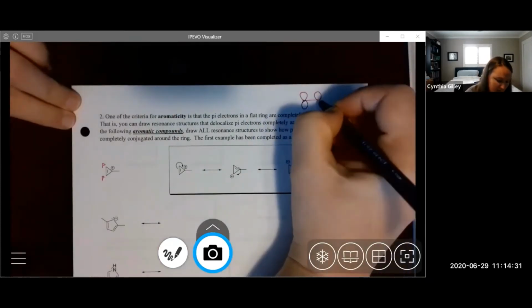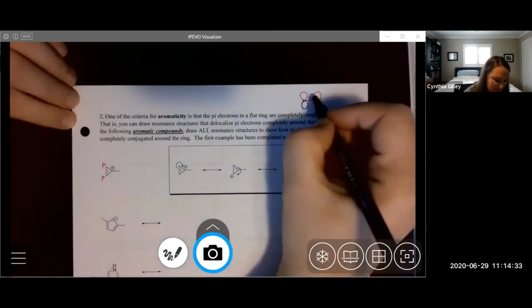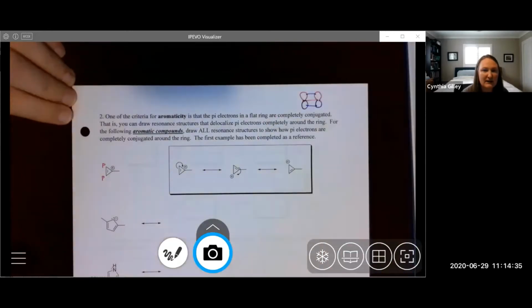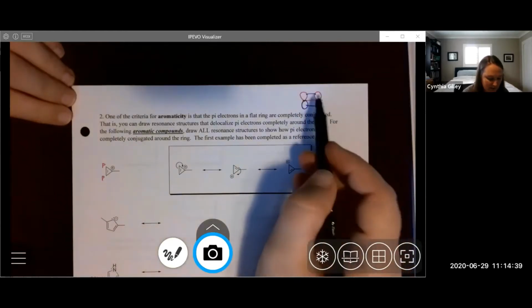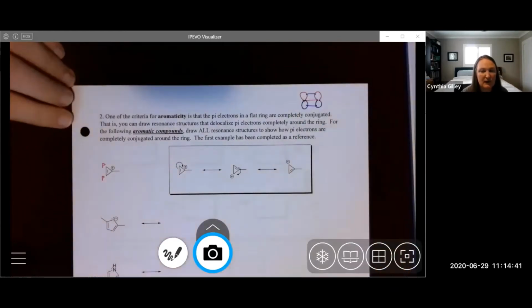They're not always drawn overlapping, but sometimes people will draw these lines. So if these are in the same plane and right next to one another, there will be an overlapped region. And that is the pi bond. So whenever you see a pi bond, there's definitely a p orbital at each of these carbons. And there are 2 electrons in that pi bond.